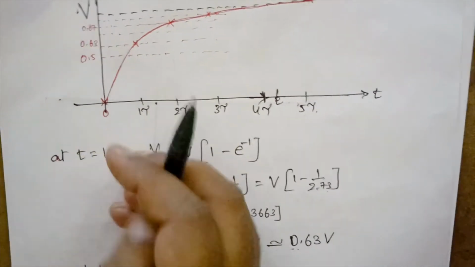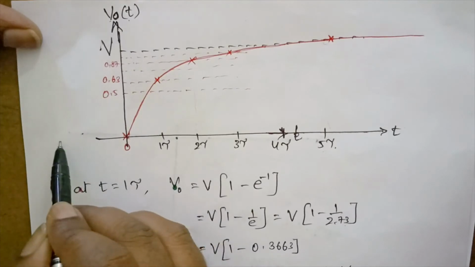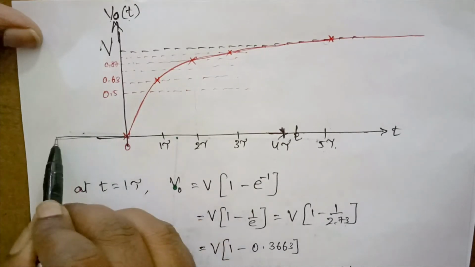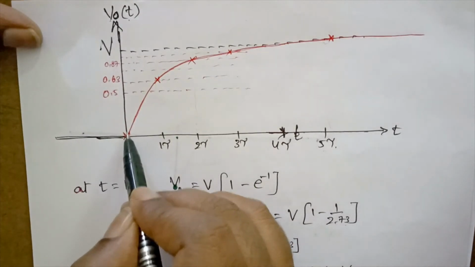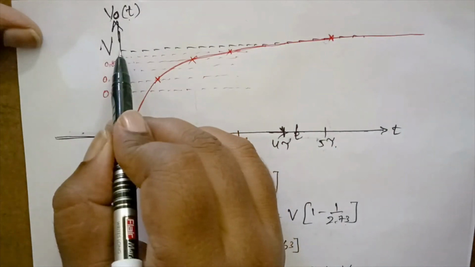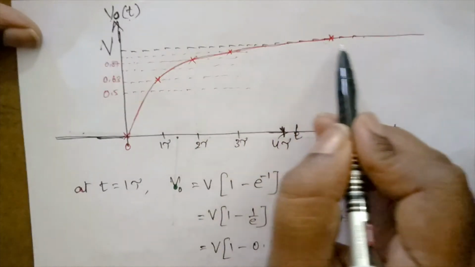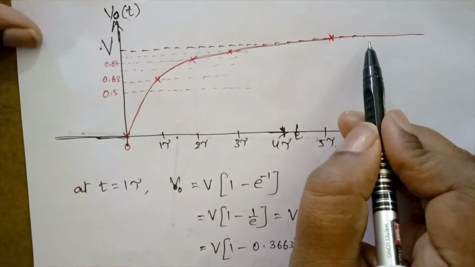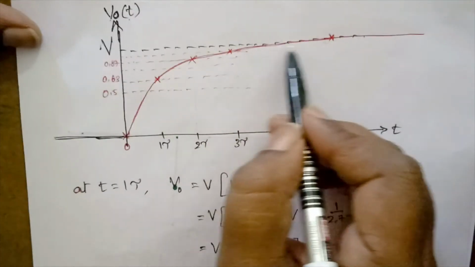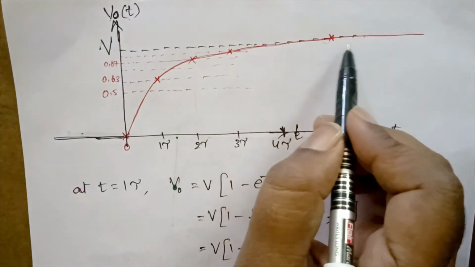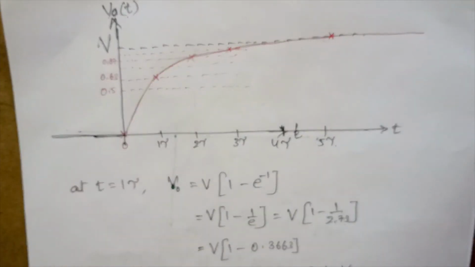The step input signal is 0 up to t equal to 0, and at t equal to 0 it rises to V and maintains constant V up to infinite time. So the capacitor, once it charges, maintains the same constant voltage V. So this is the response.